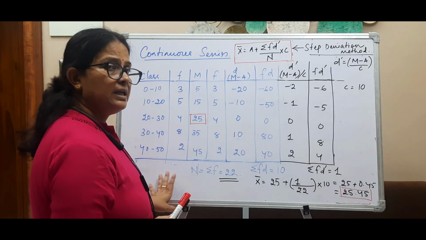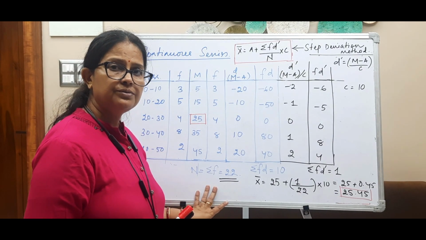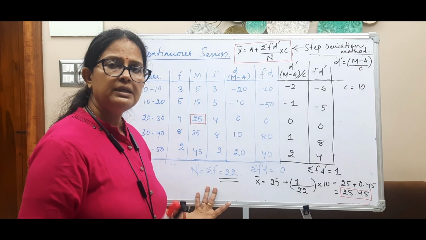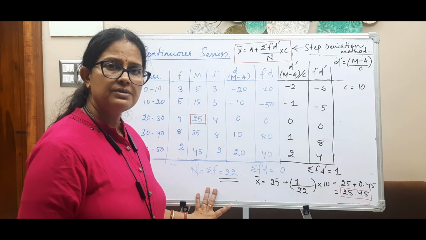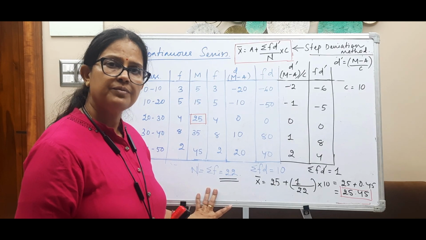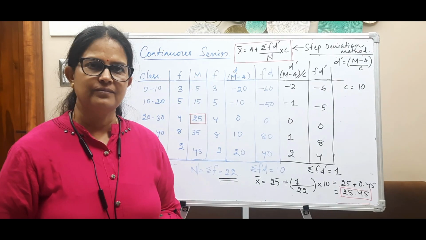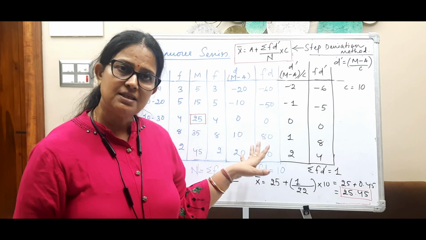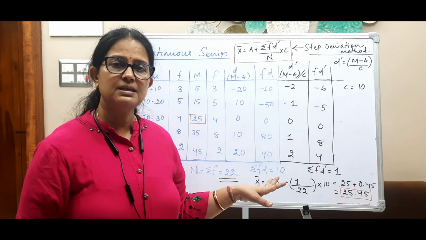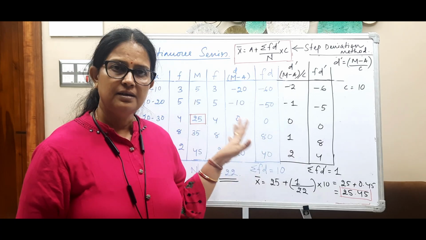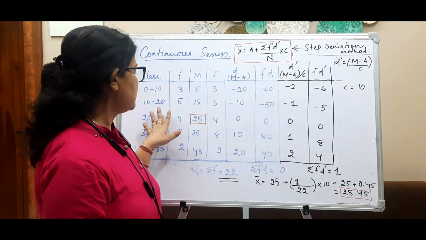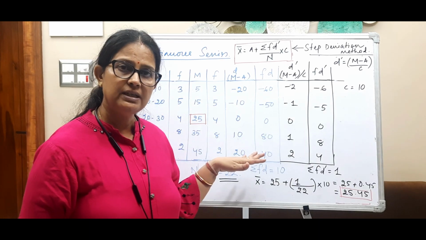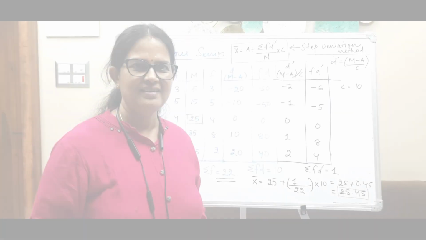In the next class, we'll take an inclusive series and see how we can convert an inclusive series into an exclusive one, and solve the problem. Today we have completed the continuous series, all 3 methods, and we have taken an exclusive series here. We'll take one inclusive series and discuss it in the next class.